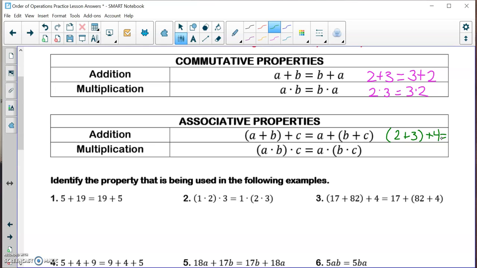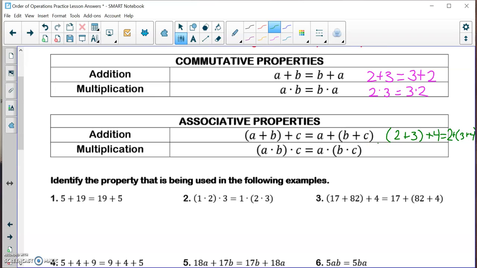That is the same thing as if I did the 3 plus the 4 first, because a 3 plus a 4 is a 7, and if I add that to the 2, I still get a 9. So it doesn't matter if I do the 2 plus 3 first, or if I do the 3 plus 4 first. If I group them differently, you still get the same answer.